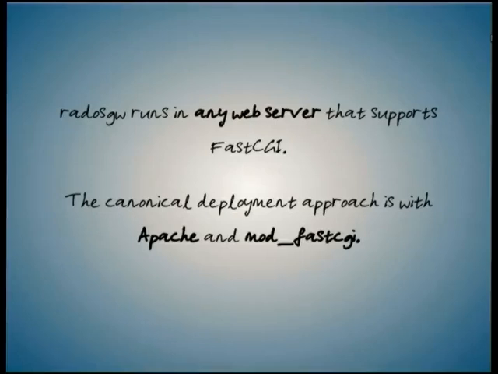So you can run this with Nginx if you choose to. You can run it through Lighttpd. You can, if you're brave/insane, run it through IIS, which I think supports fastCGI kind of sort of. But the canonical way of doing this is, interestingly, with Apache and mod_fastcgi.